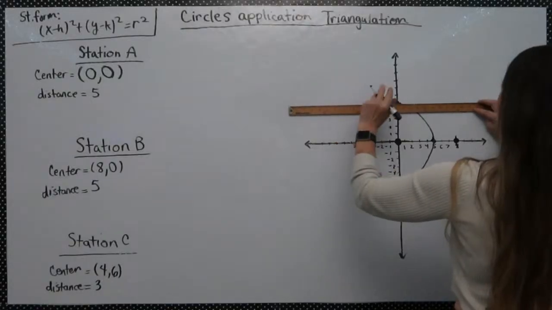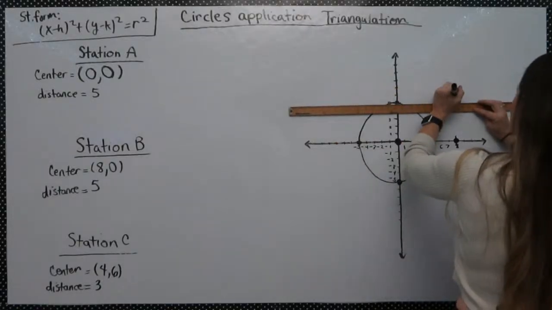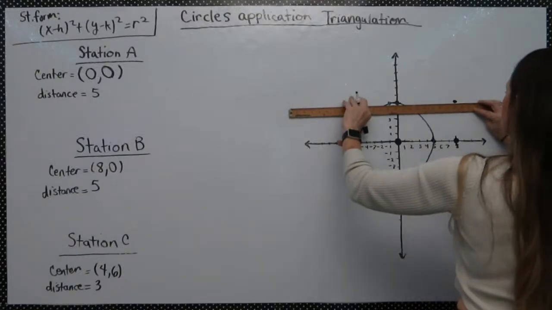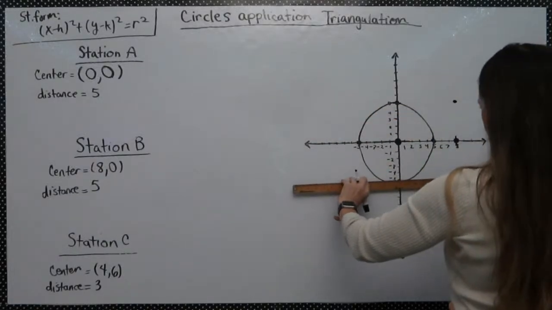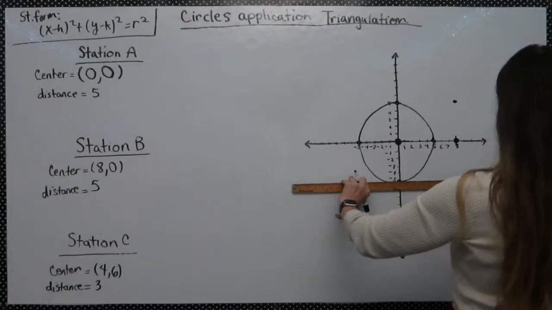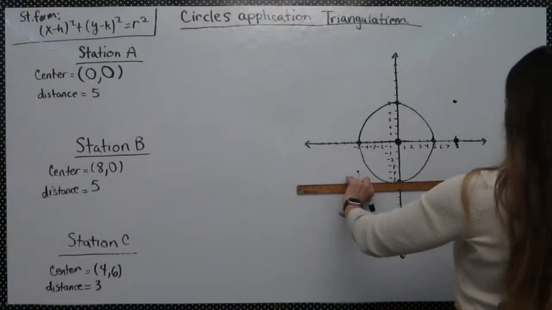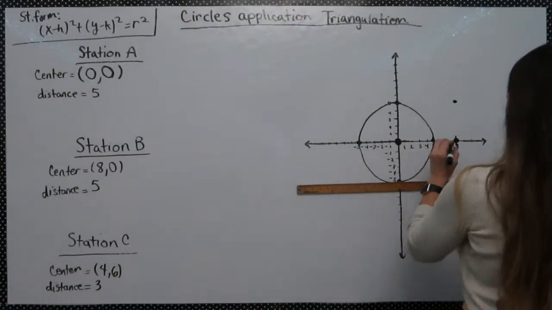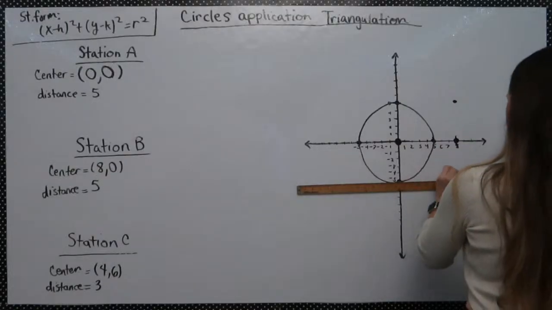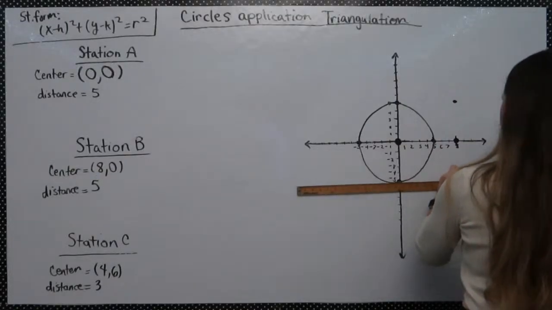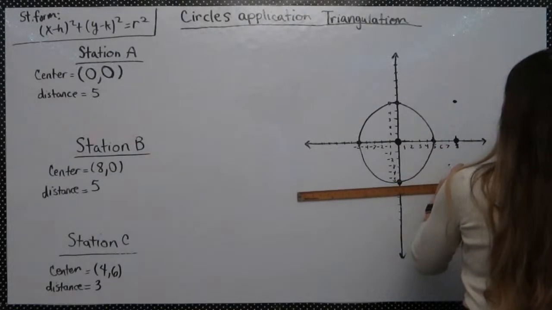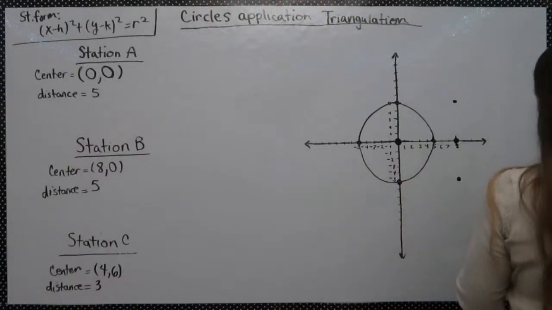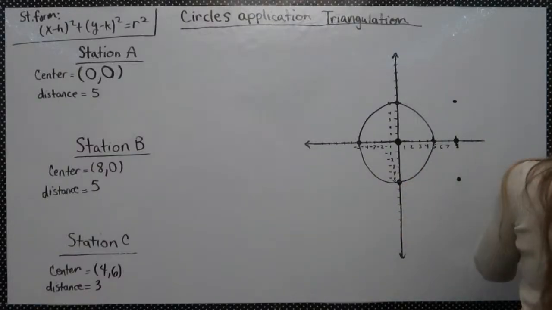And just to get it exact as possible here, right there. And then find out from here. A little bit further down. And it looks like we need to go out a little bit further than 10.